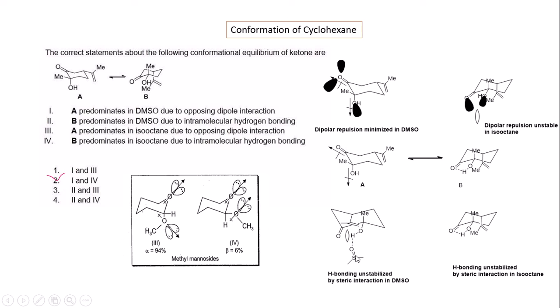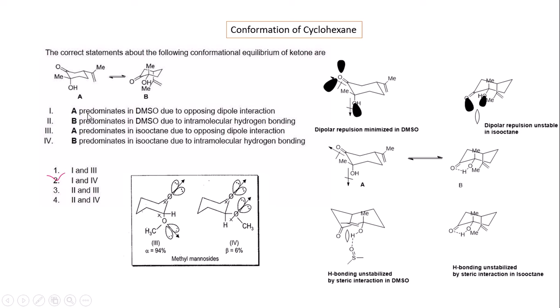Again, intermolecular hydrogen bonding occurs in DMSO, but it is not stable in the equatorial form, as the steric interaction will occur with the large substituent in the axial group, and hence it is stable in this A form where the dipolar interaction is minimized.